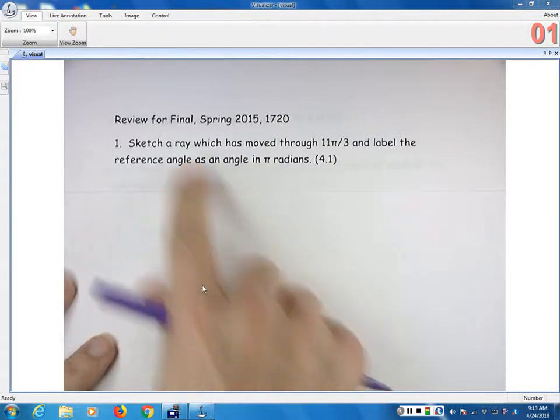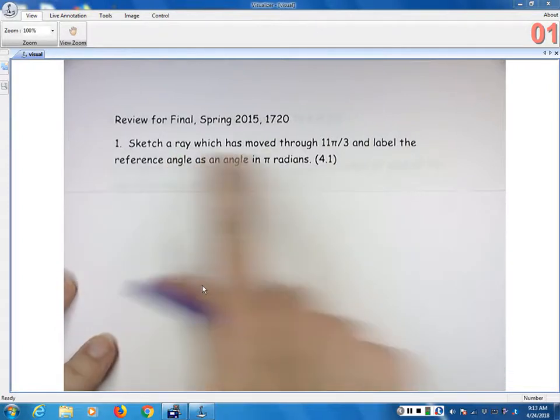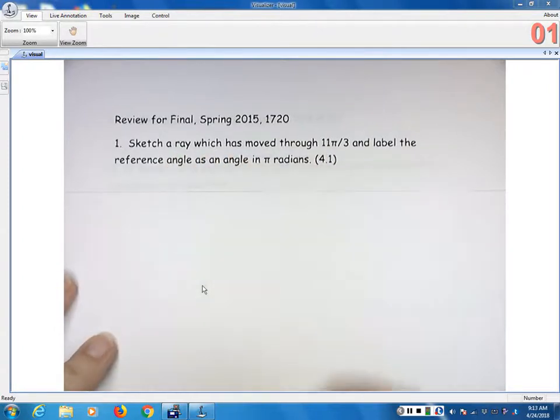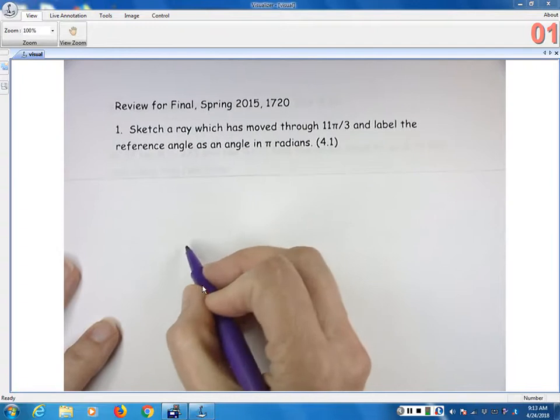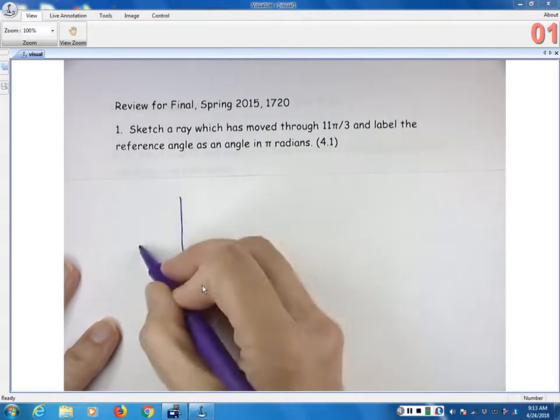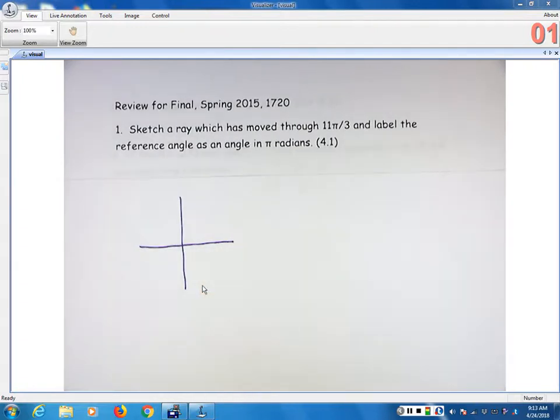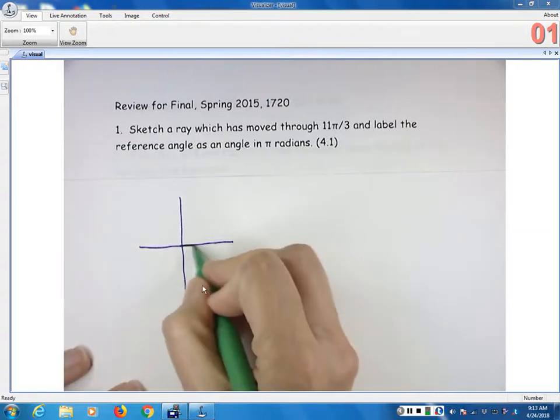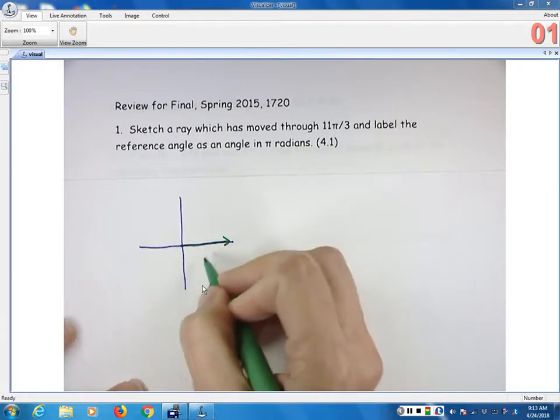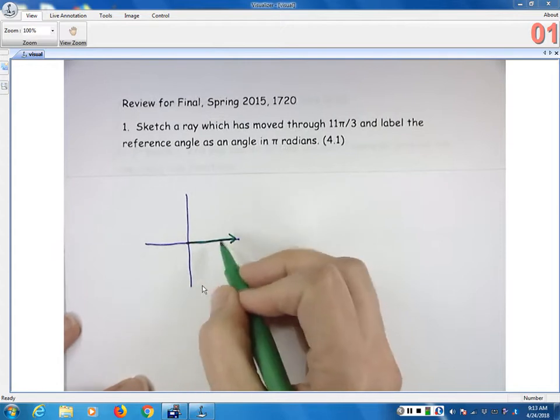So, a ray. Remember, we're going to start at the standard position. So here's our axis. Here's the beginning of the angle. And then we're going to move through 11 pi over 3.